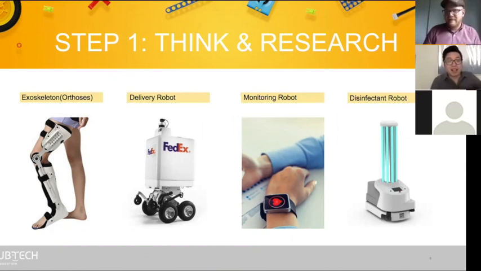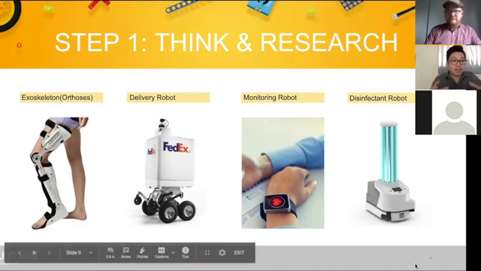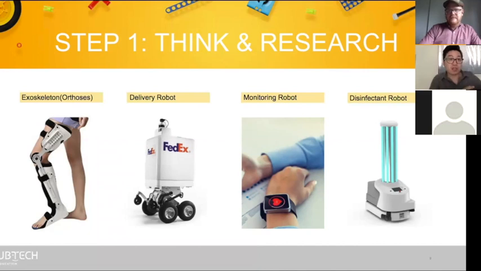Awesome. Thanks, Rusty. So step 1, as you guys remember, is what are the tasks you want to develop today to help doctors and nurses in the hospital. These are the 4 types of robot that I think may be super helpful to limit human contact between caretakers and the patients.